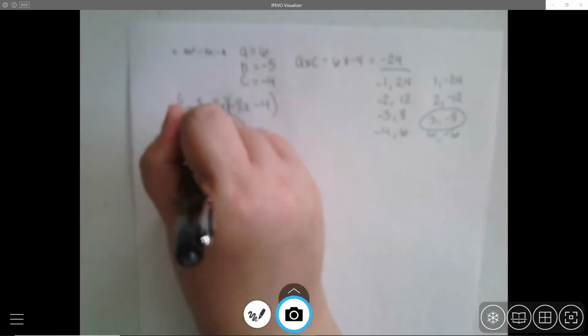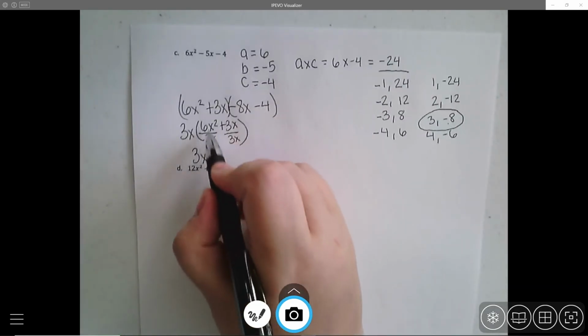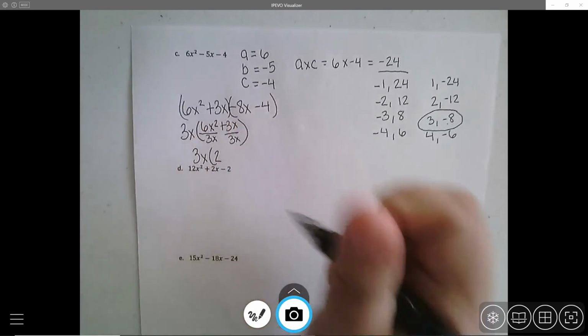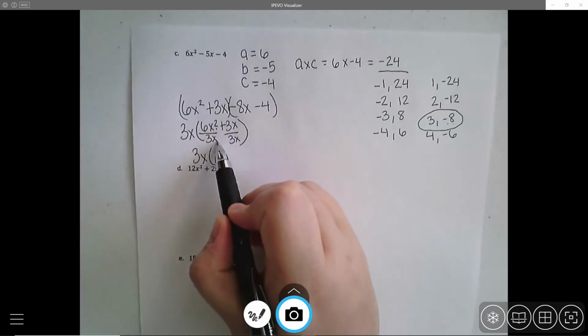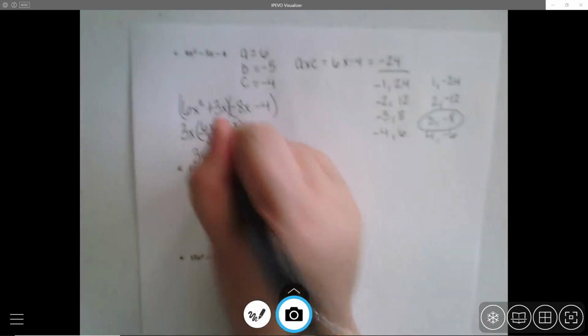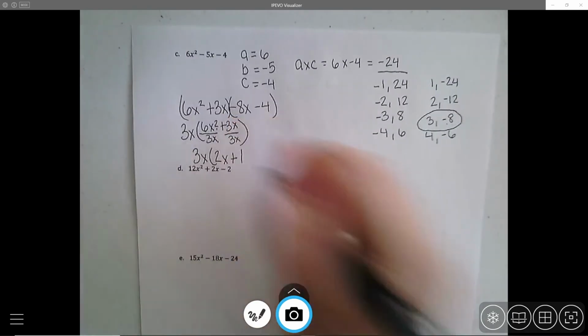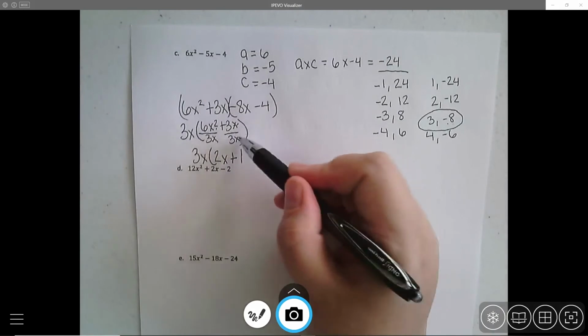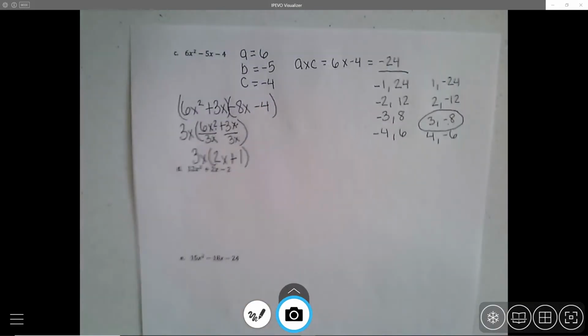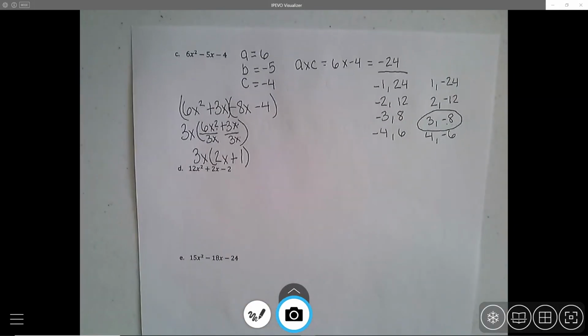So I write the GCF. 6 divided by 3 is 2. I had 2 x's, I took away 1, so I'm left with 1. Plus 3 divided by 3 is 1. I had 1x, I took it away, so I have none. There's taking the GCF of the first set.